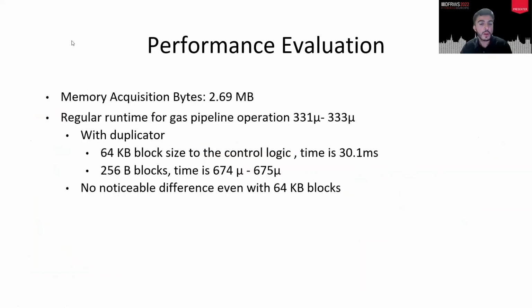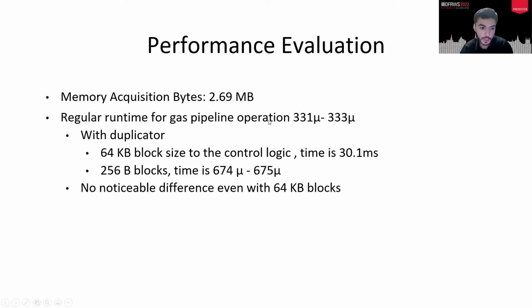So how will it actually work in real life? If you look at our performance evaluation, we were able to acquire 2.69 MB of the memory. In a regular gas pipeline operation, every loop takes 331 microseconds.